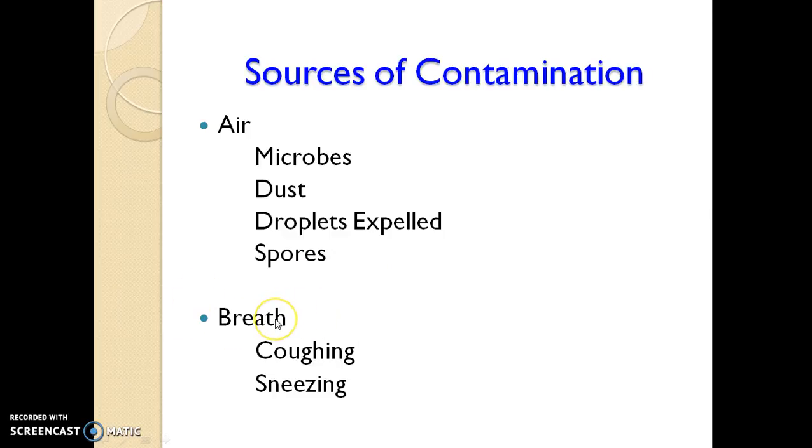Then breathing is another source of contamination. The coughing and sneezing gives rise to droplets which get ejected from the mouth, and they can be propelled to a considerable distance. It can contribute to the atmospheric flora, and also direct contamination of articles is possible through this breathing.